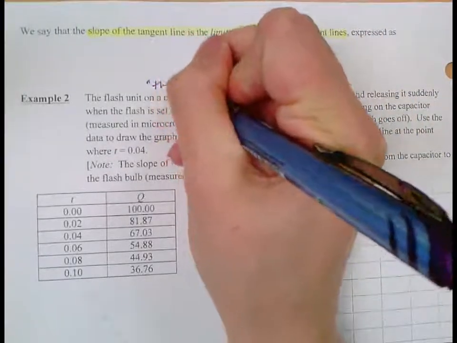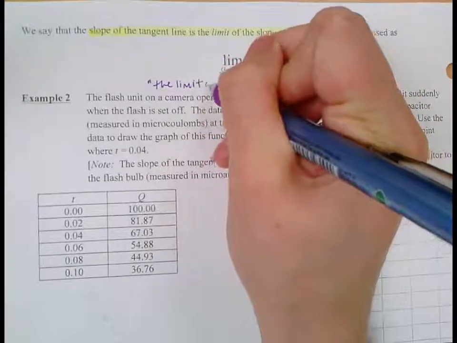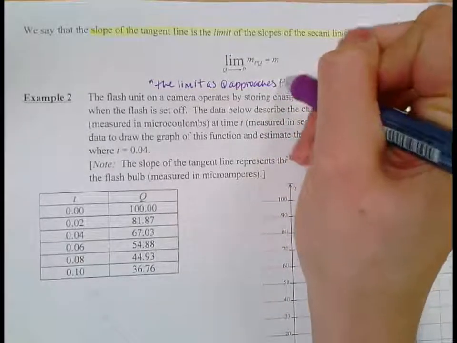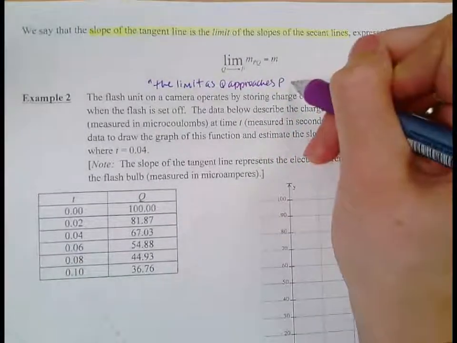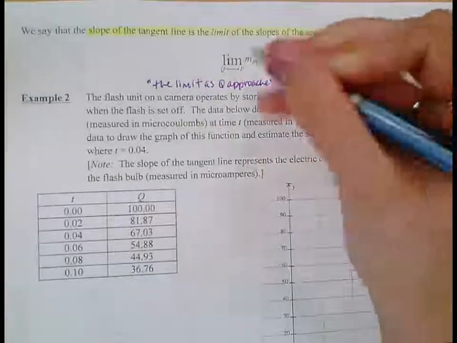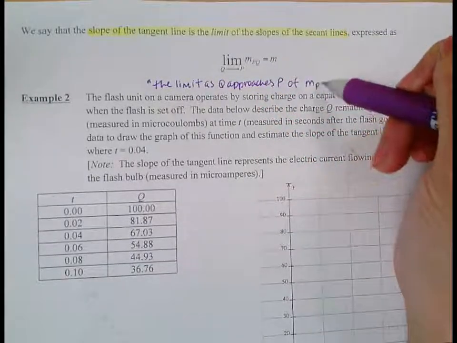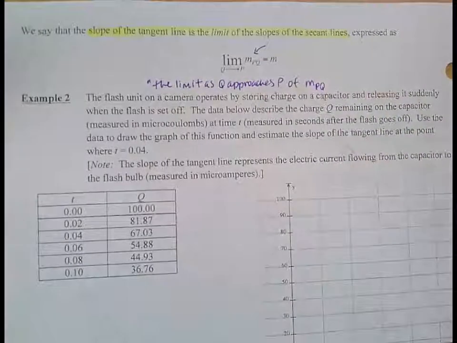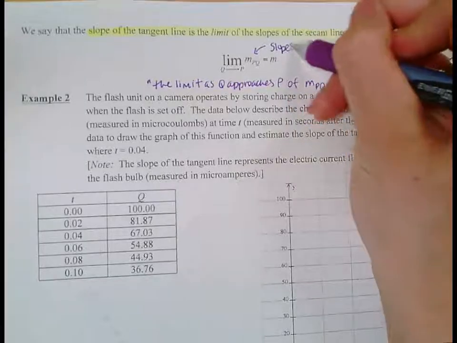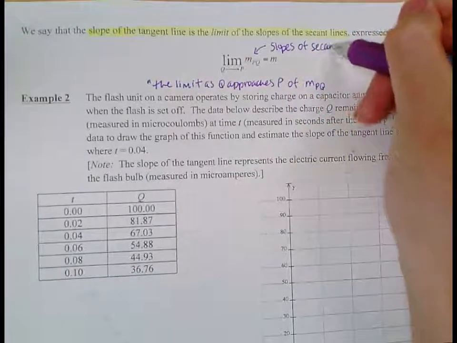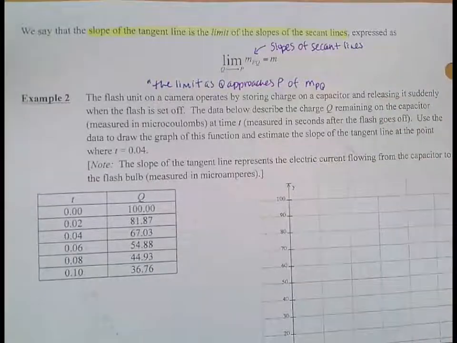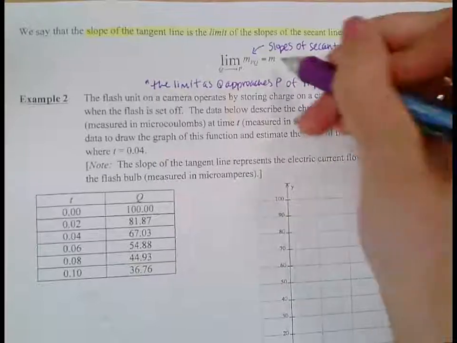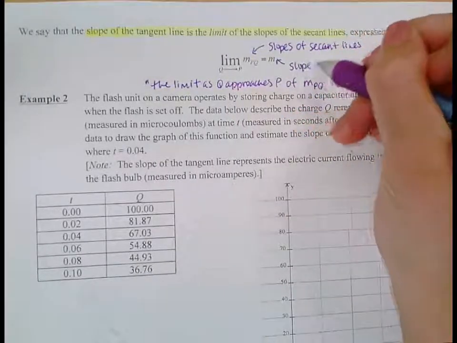So the limit as Q approaches P of, and then I'm just going to write the slope of PQ here, but remember, this is representing the slopes of the secant lines, is M, which is representing the slope of the tangent line.